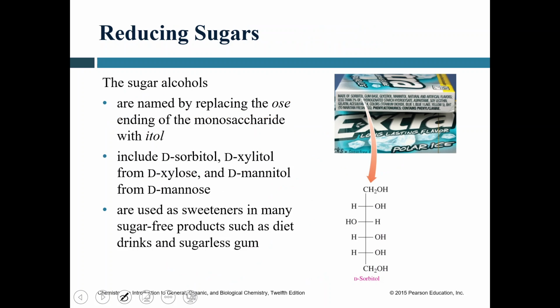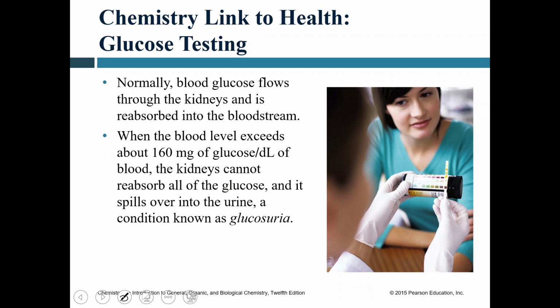Sugar alcohols are named by replacing the -ose ending of the monosaccharide with -itol, so that can be D-sorbitol, D-xylitol from D-xylose, D-mannitol from D-mannose. These sugar alcohols can be used as sweeteners in various sugar-free products, for instance chewing gum and various diet drinks.